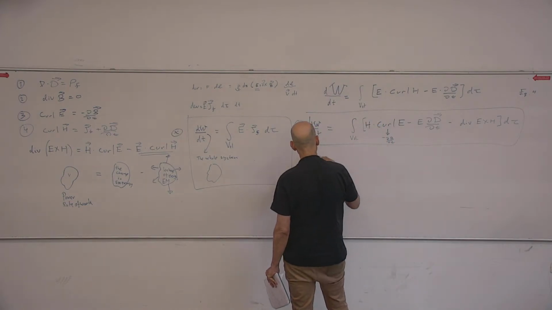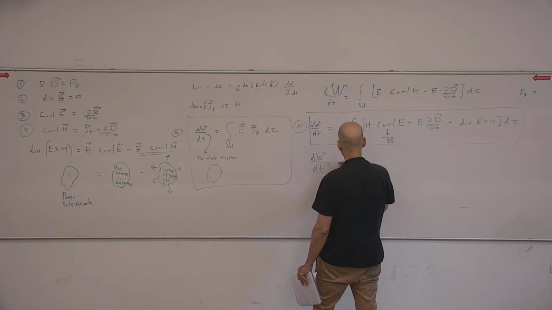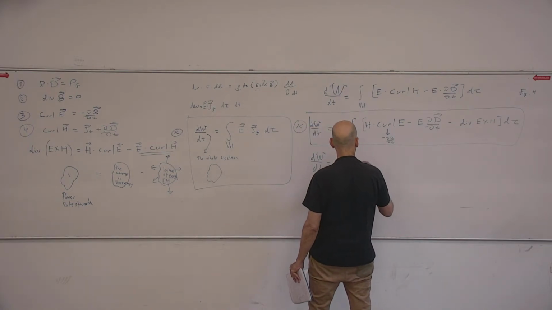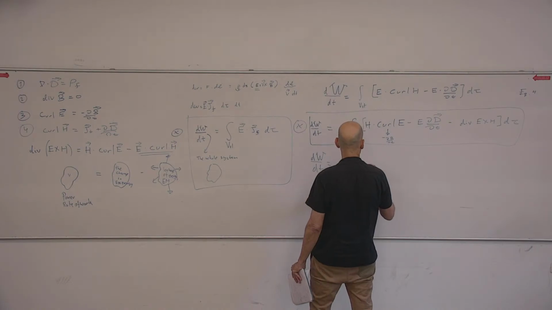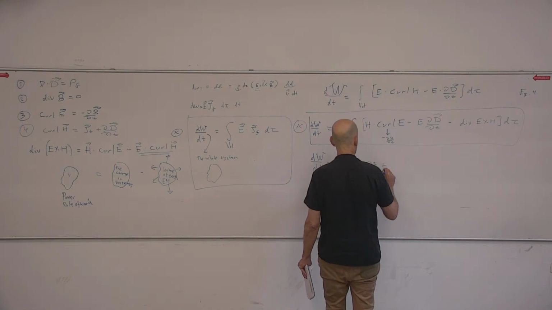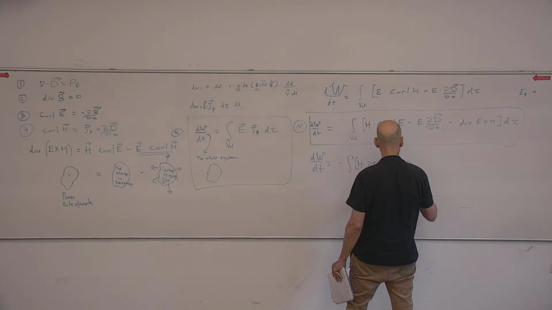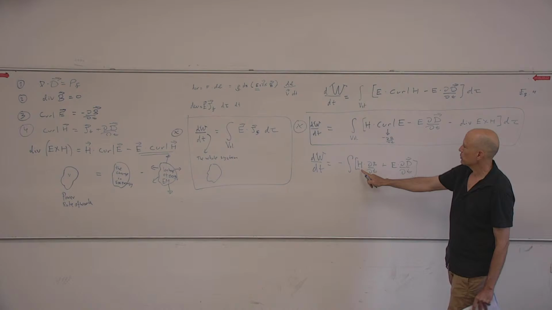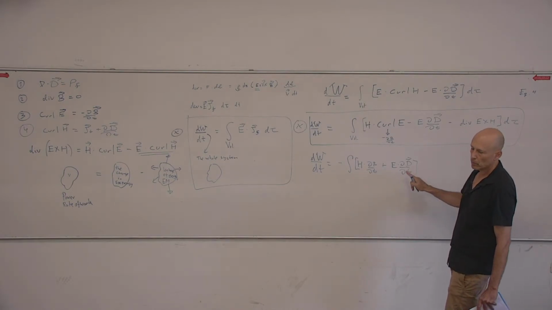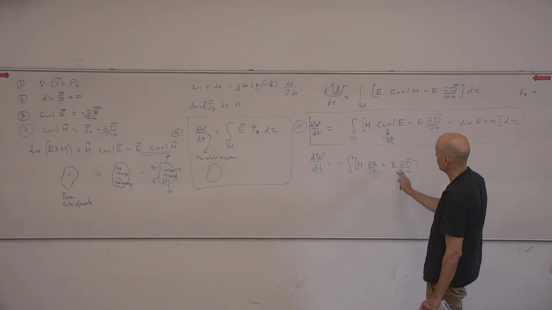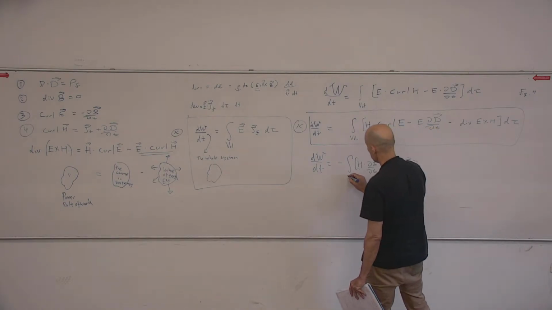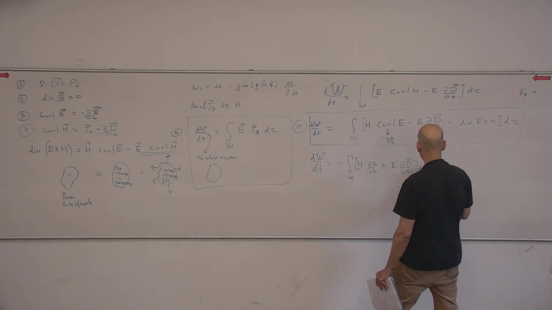So dW/dt, that is the Faraday, is equal to minus H dot dB/dt plus E dot dD/dt. And this is already a little bit symmetrized because you have H B, E D with one time derivative, so we are happy with this. This is integral over the volume d tau.